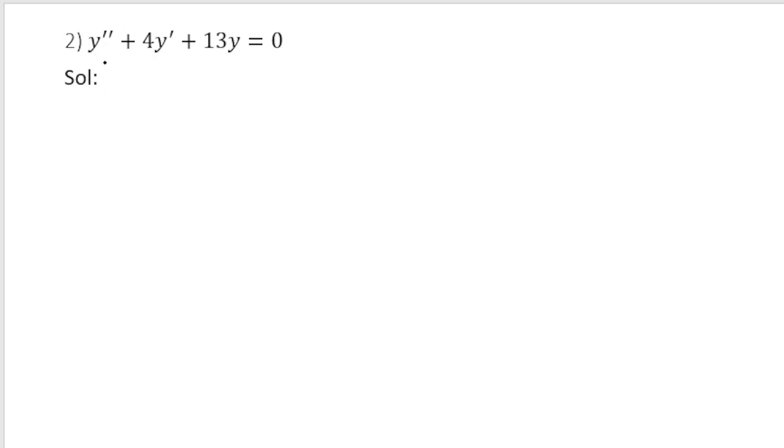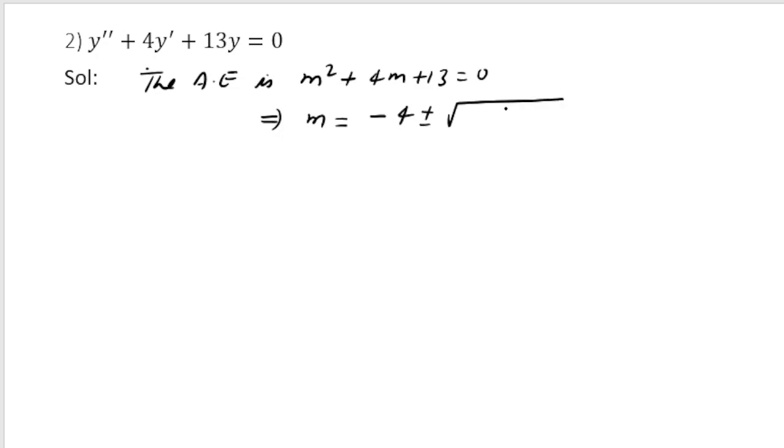Okay, how to solve this linear differential equation? The process is the same. What is the auxiliary equation? The auxiliary equation is m square plus 4m plus 13 is equal to 0. Now I'm not going to talk about the details, so I hope you can understand. So m is equal to minus b, so minus 4 plus minus under root b square, that is 16, minus 4 into a into c.